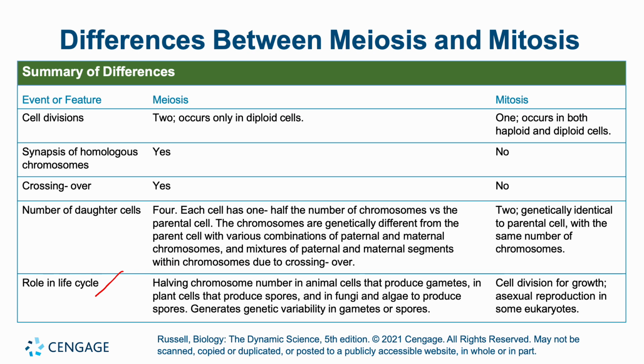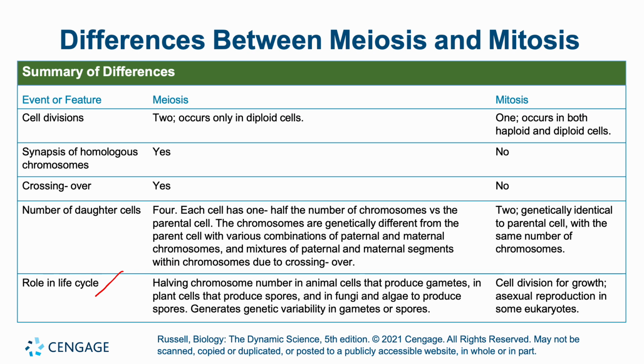So, for meiosis, it is needed to produce gametes for sexual reproduction. And for plant cells, it produces spores, as well as for fungi and algae. And it generates genetic variability, or it is a source of genetic variation in gametes or spores.